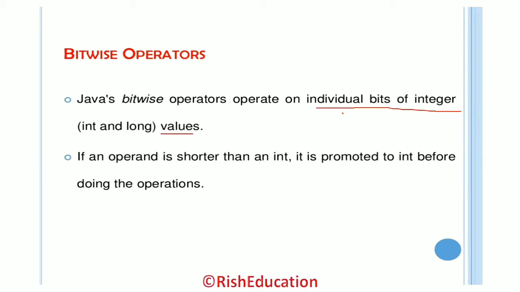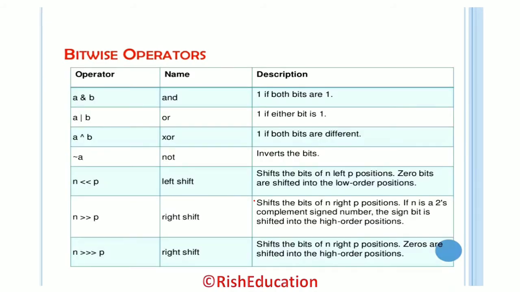If an operand is shorter than int, it is promoted to int before doing the operation. So if we declare any variable with data type short, it must be promoted to int before the bitwise operator. And here are the examples of bitwise operators.